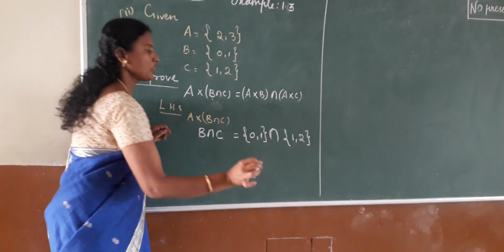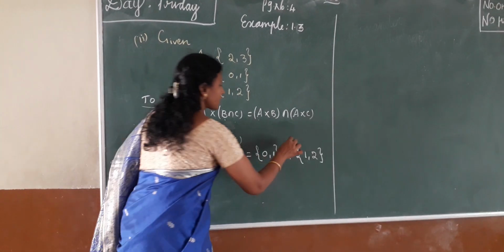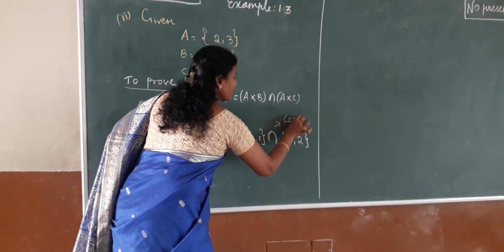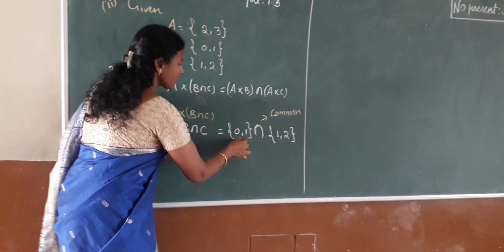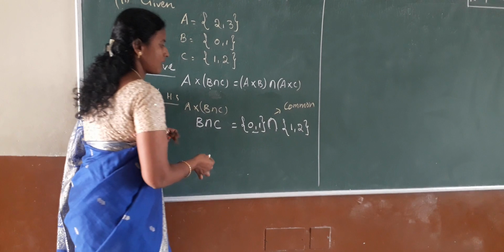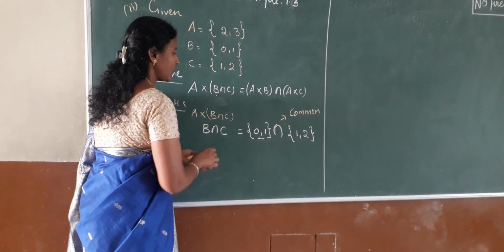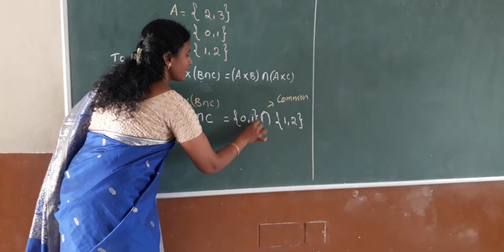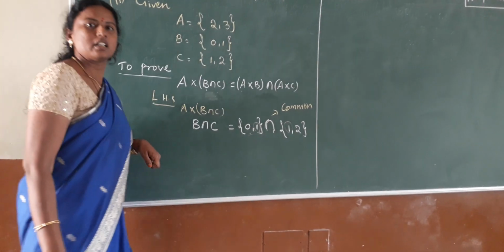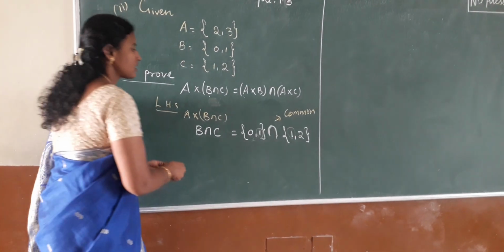Now, intersection. What is the meaning of intersection? Intersection means common. Common means you look at the two sets of elements. Which element is the same for both sets? One is the same element. So common means the same element.